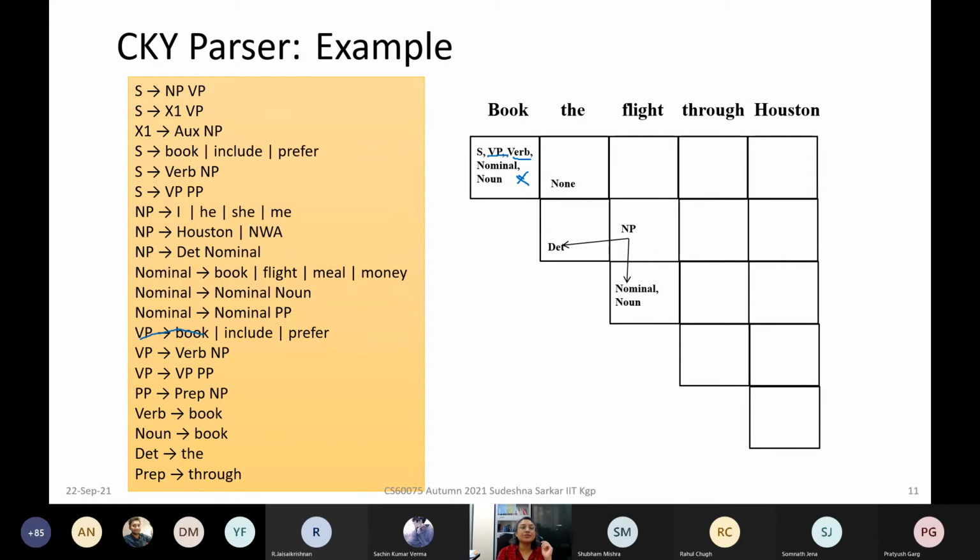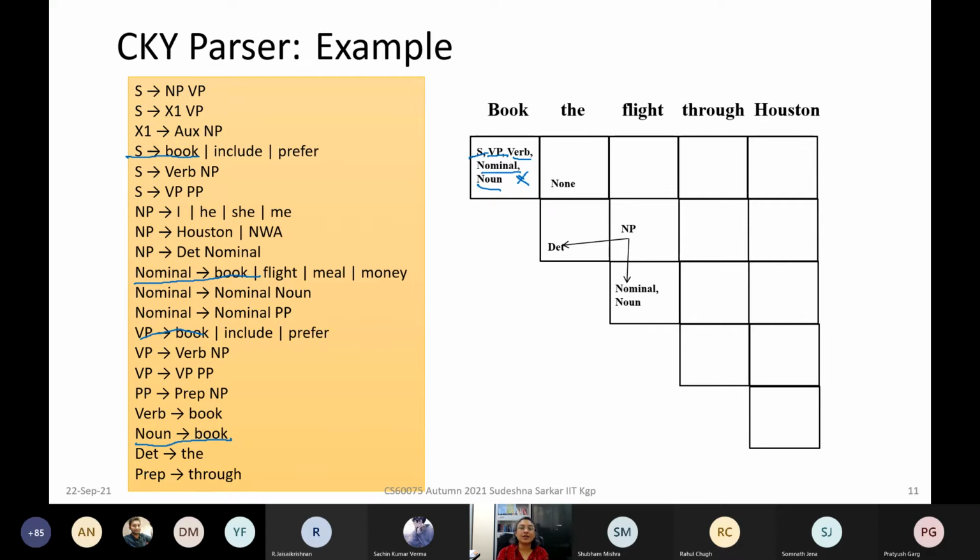We also have a rule which says, wait, let me just see, S goes to book. So we can put S also here, right? And we also find out that book is a noun. So we can put noun here, and we find a rule which says nominal goes to book. So we can put nominal here.